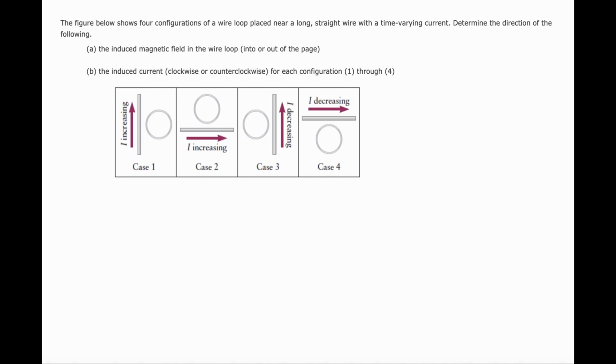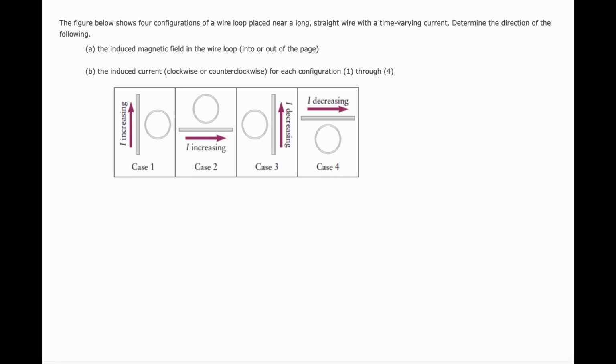We've got 4 different configurations of a wire loop near a long straight wire. The current is varying, so the magnetic flux through that loop is going to change with time because the current is changing. So I'm just going to redraw the wire here down below.